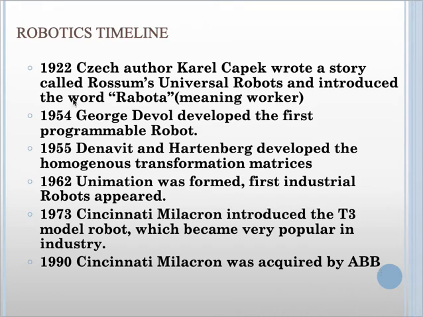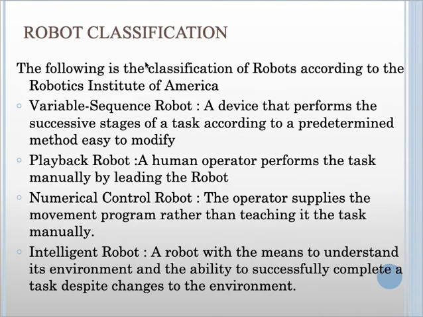This is the robotics timeline. Talking about the classification of robots, the Robot Institute of America has classified robots. First, the variable sequence robot, a device that performs the successive stages of a task according to a predetermined method that is easy to modify.